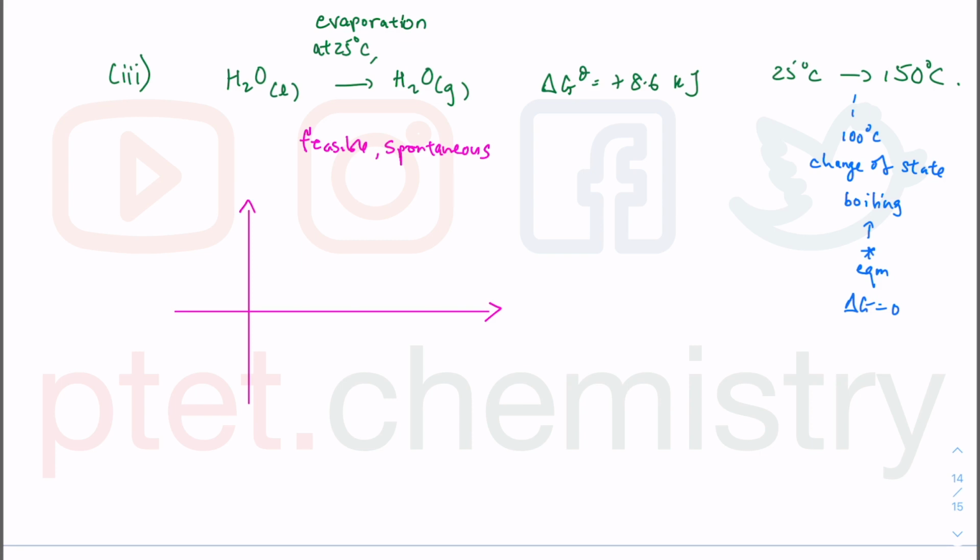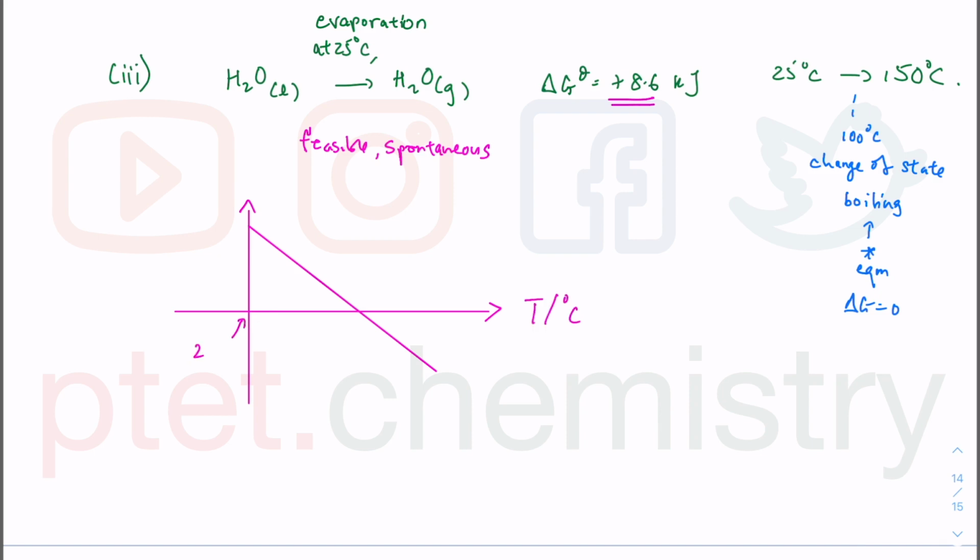So what happened in this graph is we know that delta G will become more and more negative at higher temperature as it becomes more and more feasible. Initially this is the provided value, and the temperature that we're going to start with is 25 degrees Celsius as given in the graph.